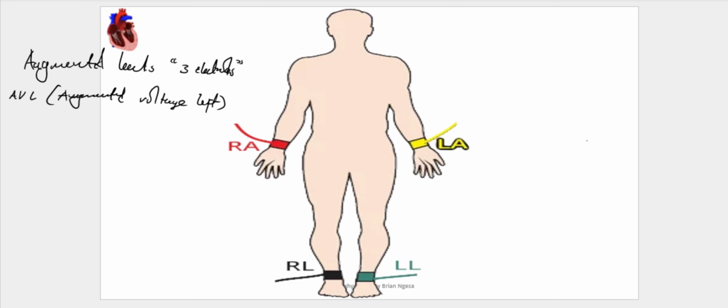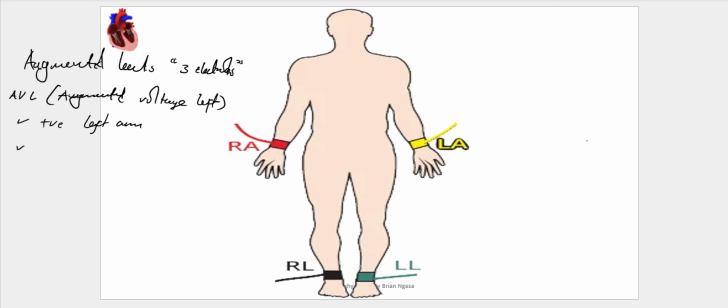electrodes and one positive electrode. So when you hear the left augmented, just know that the positive electrode is actually placed on the left arm. So let's see how we place this electrode. We're starting with the positive, where we've said that you place it on the left arm, and the negative.